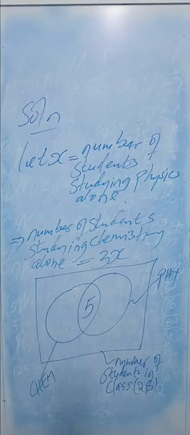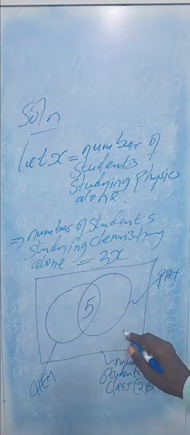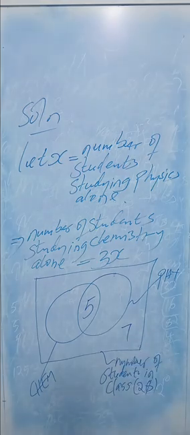Then 7 study neither physics nor chemistry. When you're told neither nor, it means these ones are not part of the subsets, but they are part of the universal set. Since the rectangle represents the universal set, you can put 7 anywhere outside the circles.